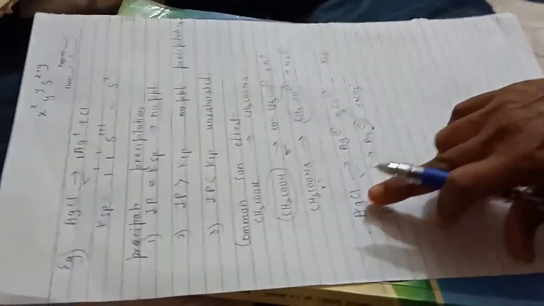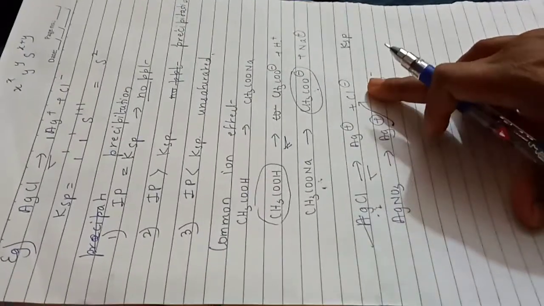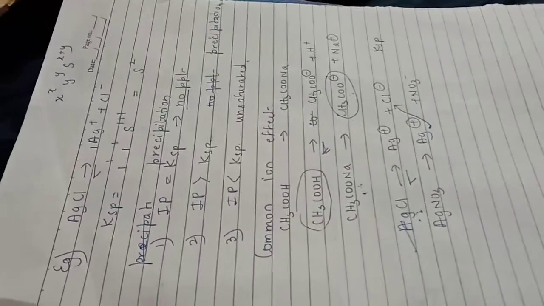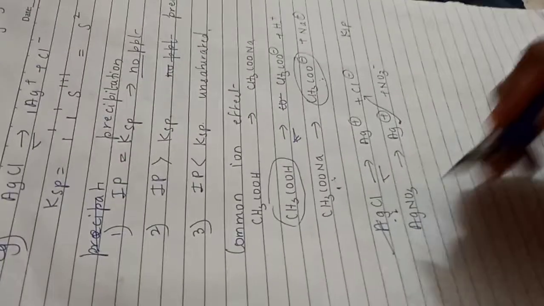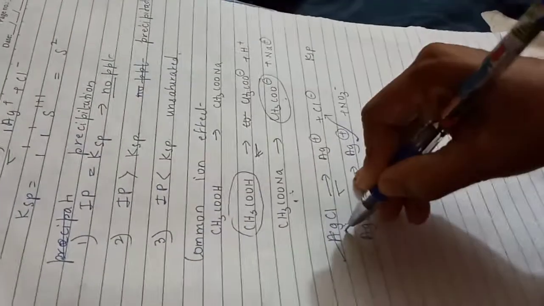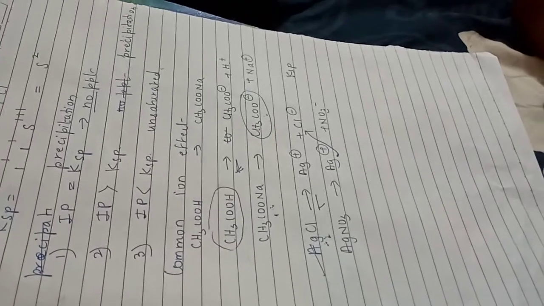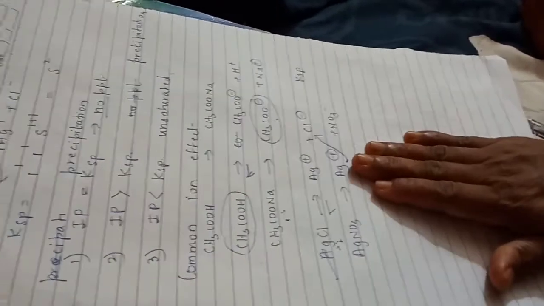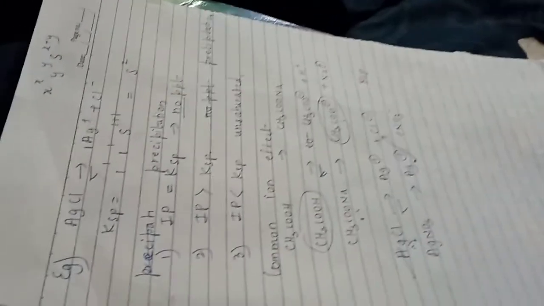I'll repeat what I said. You take silver chloride, it dissociates to form silver ions and chloride ions. Suppose I add silver nitrate; silver chloride is a sparingly soluble salt, so it undergoes partial dissociation. Silver nitrate is a strong electrolyte, hence it undergoes complete dissociation to form silver ions and nitrate ions.